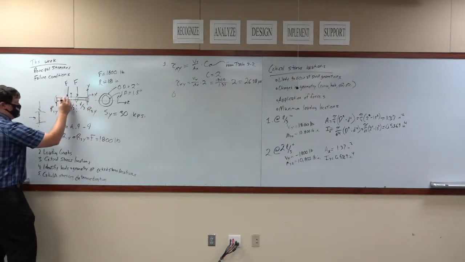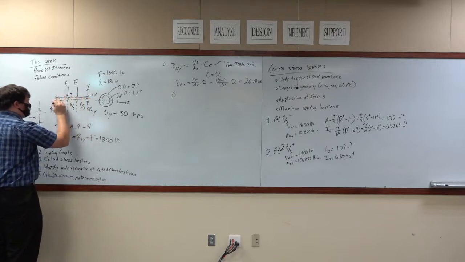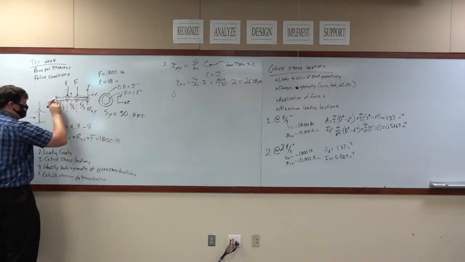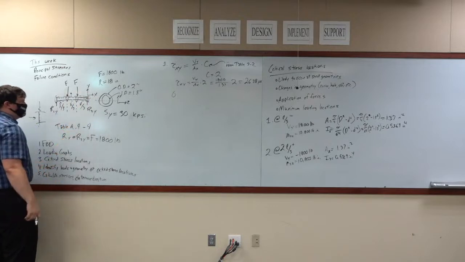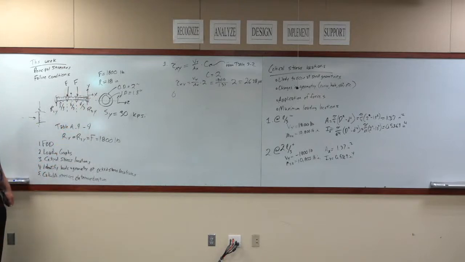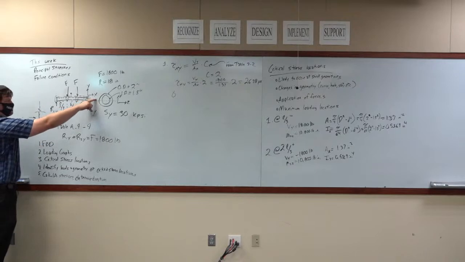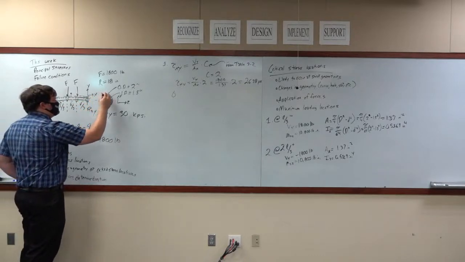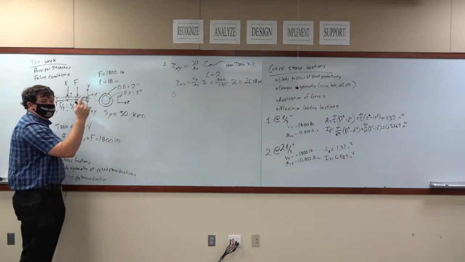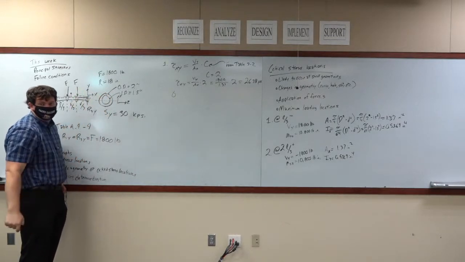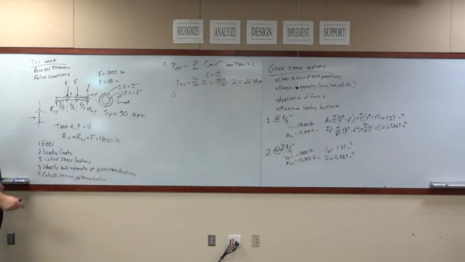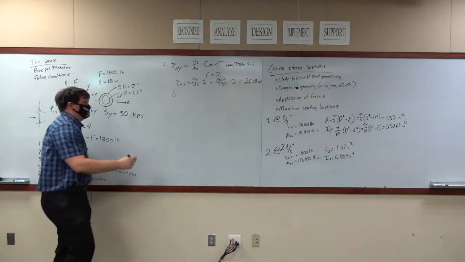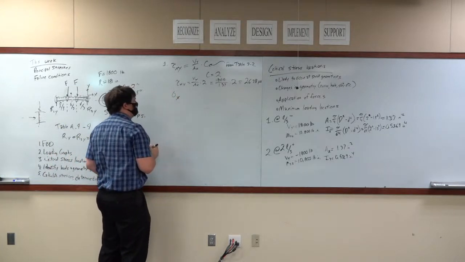If tension is on the top and compression is on the bottom, what direction are the top and bottom going in? What direction is that line? That's in the x. So yes, while the forces are in the y direction, what we end up with is the tension occurs here, compression occurs here, and the forces have to point towards each other to be axial. Okay? So this is a sigma x that is created by the bending.